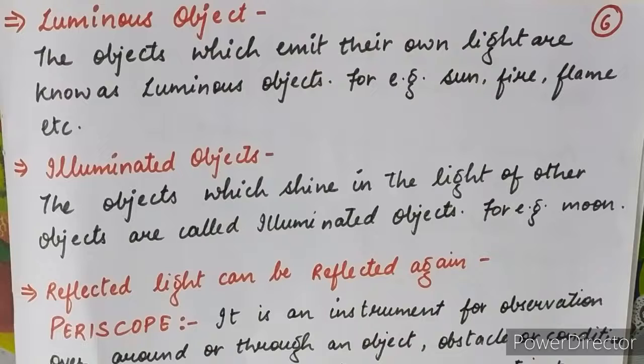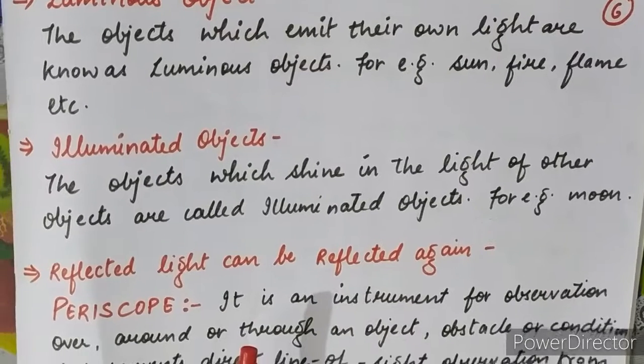It takes the light from the sun, and only then does it shine and reflect the light, because the light carried by the moon is not its own. It is taken from the sun. It means the moon is a dependent object. It depends upon the light of the sun. So this is about illuminated or non-luminous objects.